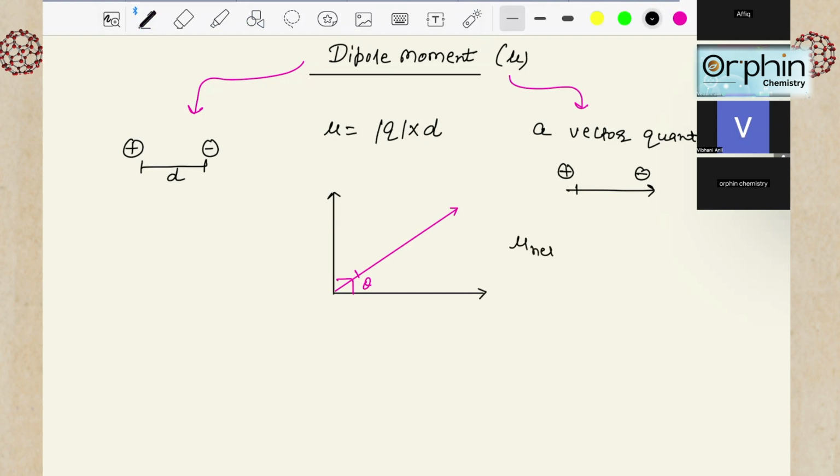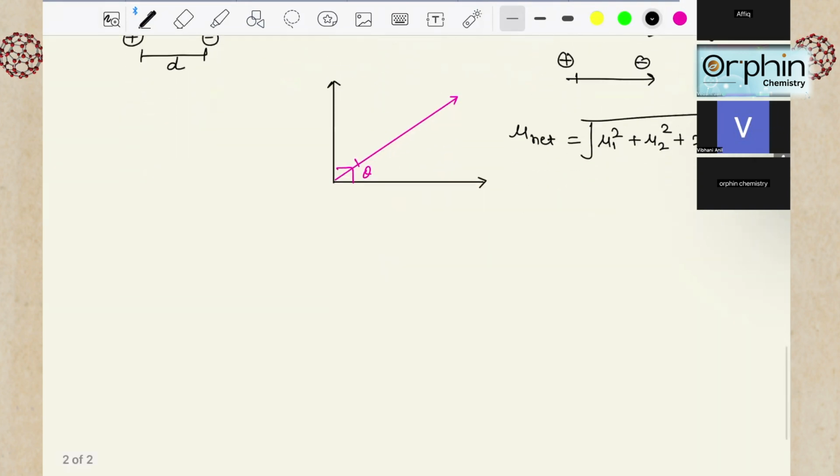Net dipole moment is equal to under root of mu1 square plus mu2 square plus 2 mu1 mu2 cos theta. We are very familiar with this formula. Let us take theta as 0 degree. If 0 degree, that means two dipoles are just one over another, and they will add up. By the formula also we can find out mu net.